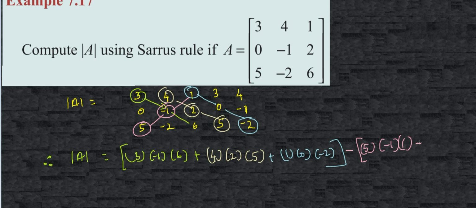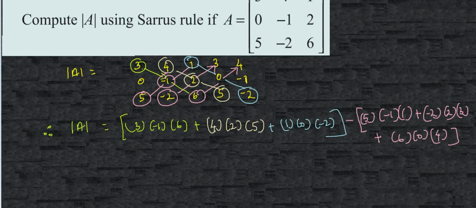Now you place a positive sign, and then start off with negative 2, multiply it with 2, and then you end with the element 3. Place a positive sign, start with 6, multiply it with 0, and then you end with positive 4.